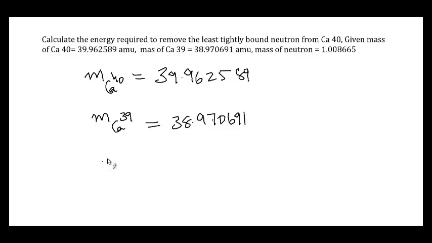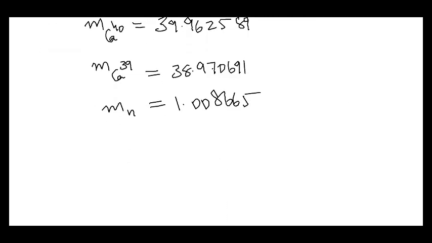The mass of the neutron is 1.008665. Fine. You know that the binding energy expression is given like this.